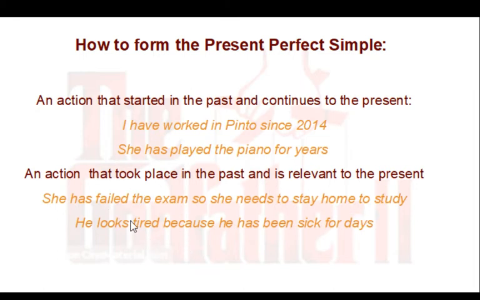This means that even if the exam was failed in the past, some days or some weeks ago, and it's an action that is already finished, this action still has an impact on the present, because this girl still needs to study, okay?